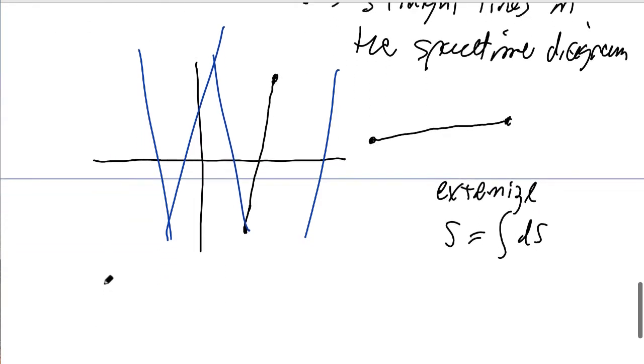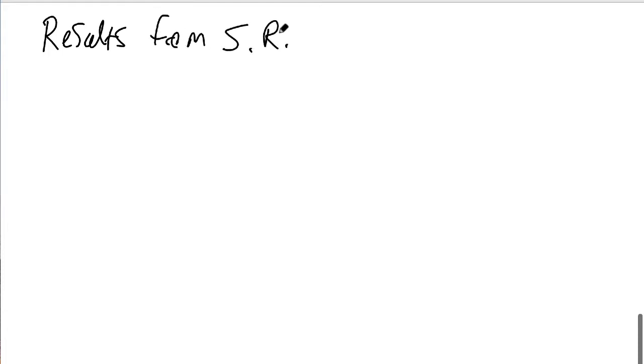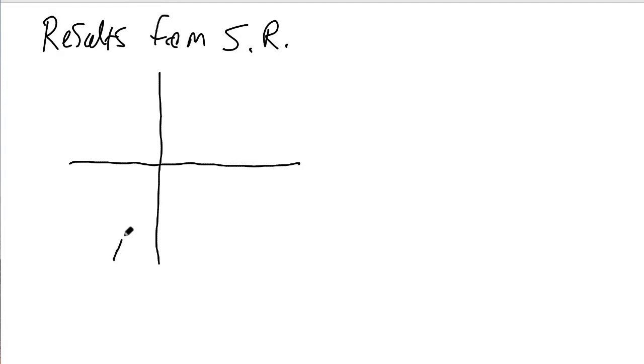Now I'd like to spend some time deriving some familiar results from special relativity. As warm-up, let's just consider the following problem. We have an observer moving along a curve x equals vt in this space-time diagram.